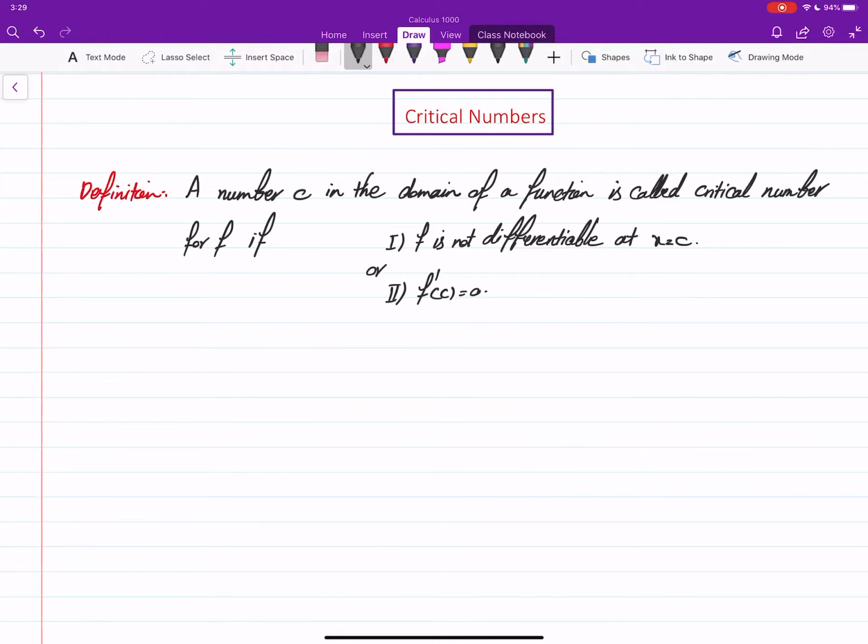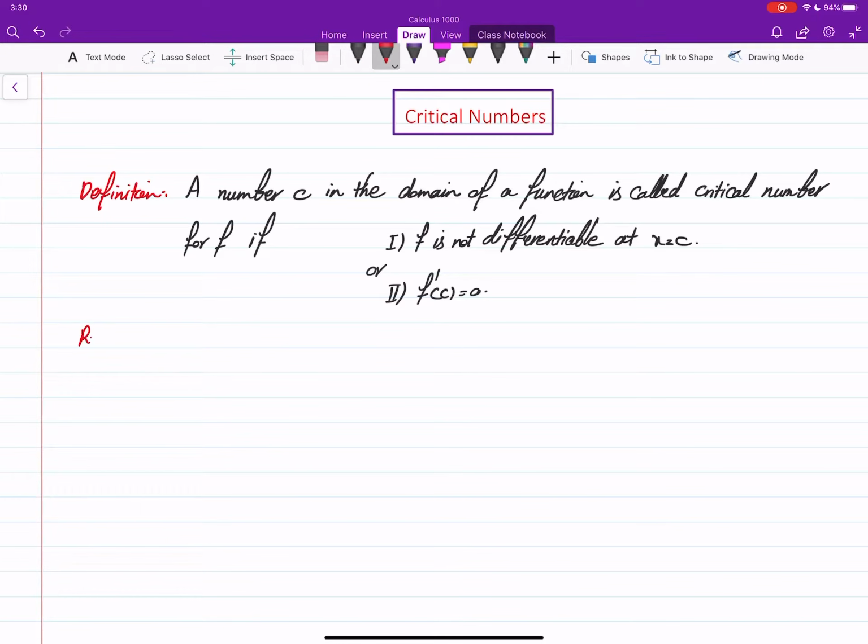This is the definition. Whenever you have a function and you have a point at which the function is not differentiable or the derivative is equal to 0, we call those points or those numbers critical numbers.